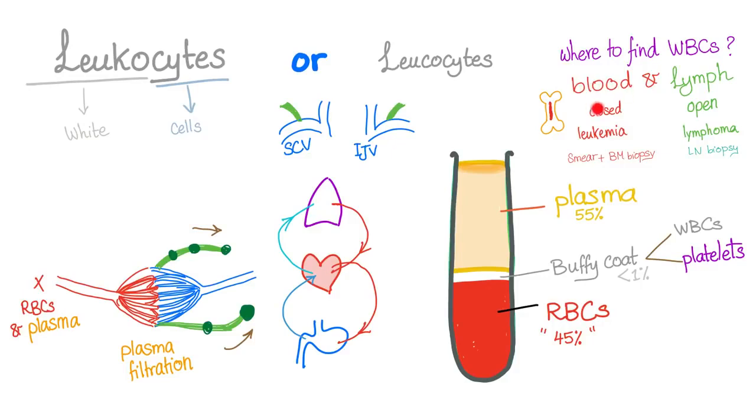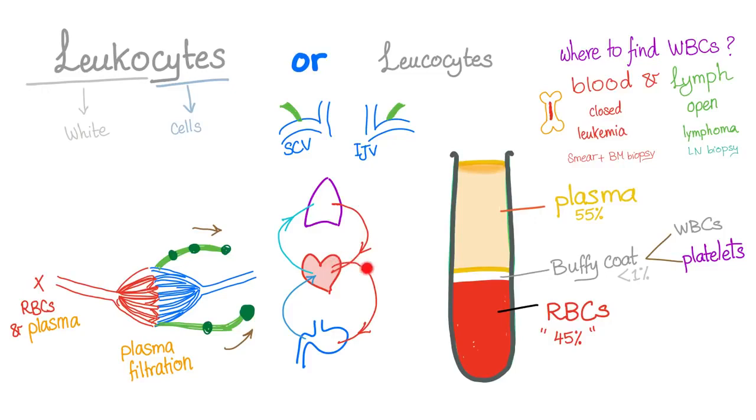The blood system is a closed system. It starts in the heart and it ends in the heart. So let's do it. From the right side of the heart comes deoxygenated blood to the lung. The lung oxygenates this blood using oxygen that you breathe and returns nice red oxygenated blood to your left side of the heart.